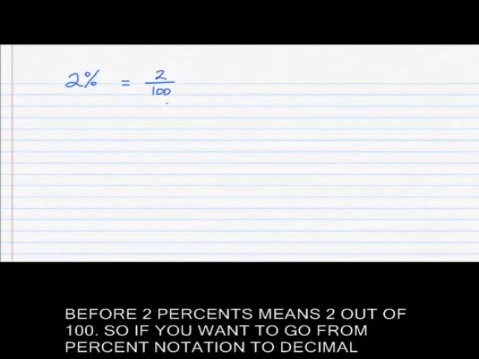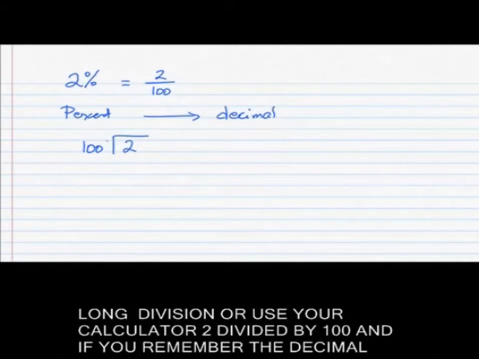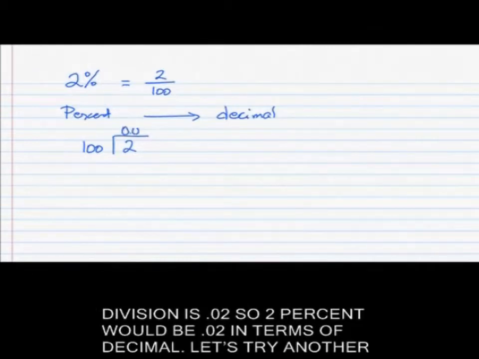So if you want to go from percent notation to decimal notation, all you have to do is take your fraction, which is 2 over 100, and divide, doing long division or using your calculator. 2 divided by 100 is 0.02. So 2% would be 0.02 in terms of decimal.